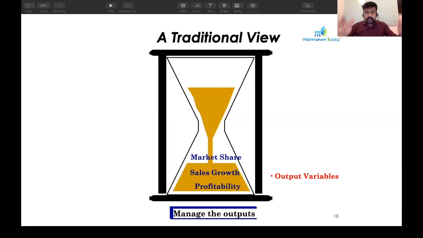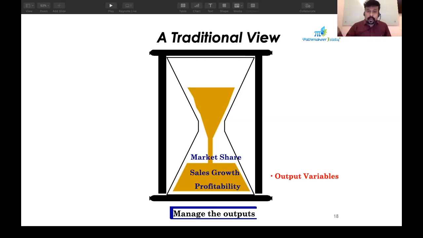Considering your organization is selling products in Chennai or in Bangalore, the total number of products sold in the market is 1,000, and your organization is selling 100. So how much is the market share for your organization? 10%, right?